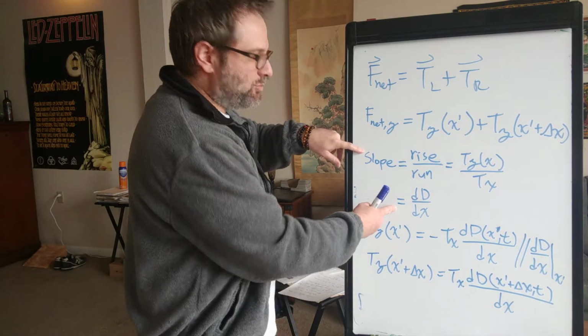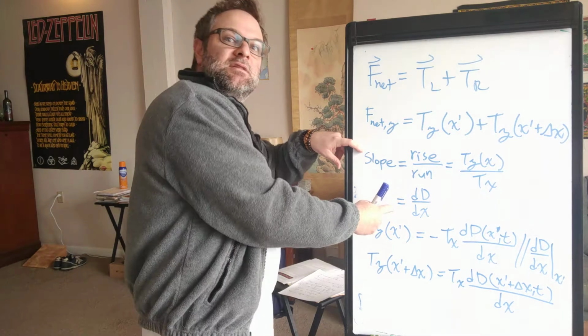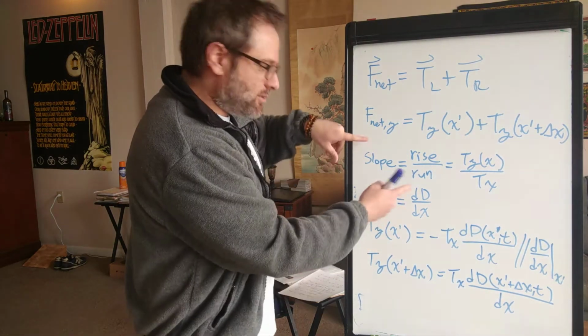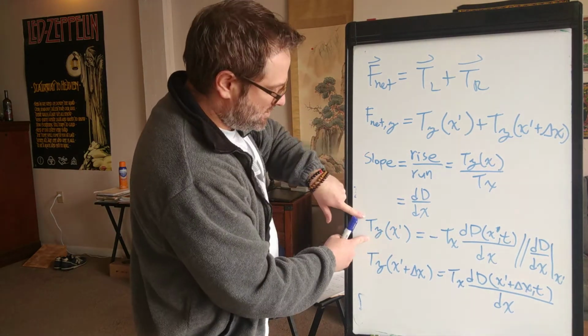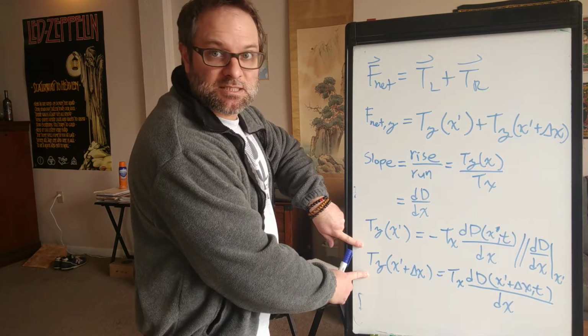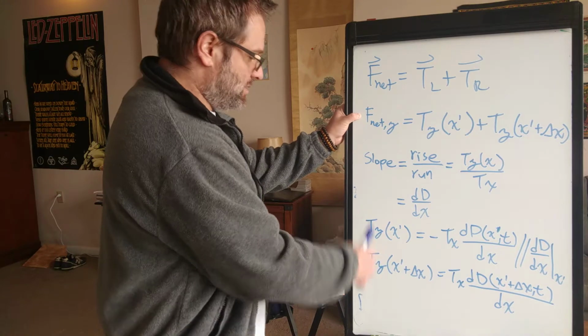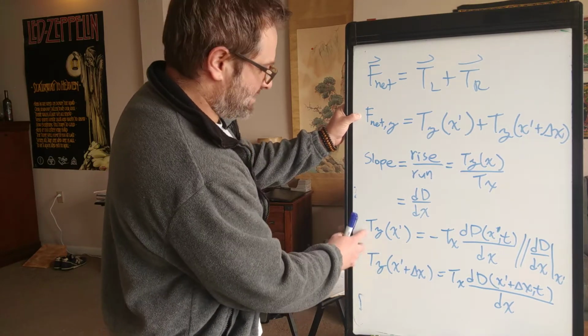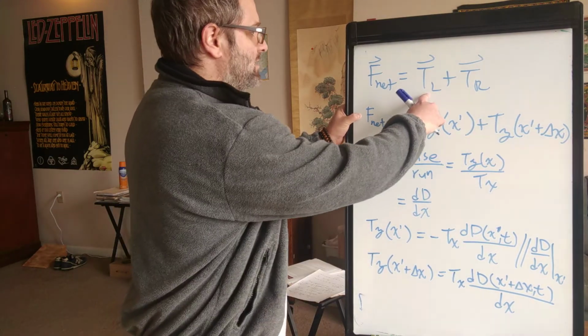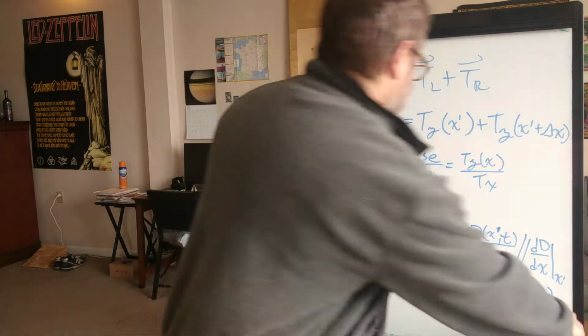This gave us the slope at each of those points, the left and right point. This is specifically the left point. This is specifically the right point. And now to get that F net, we add these two forces together. So we're going to add this Ty and that Ty, like we add the TL and Tr there.